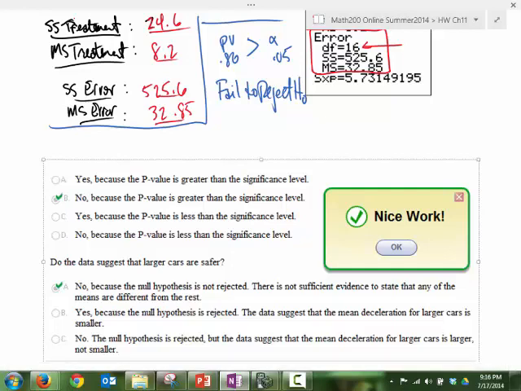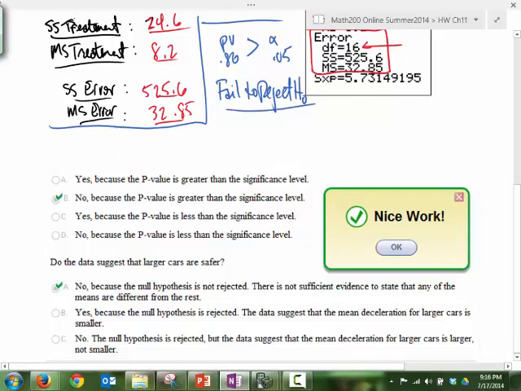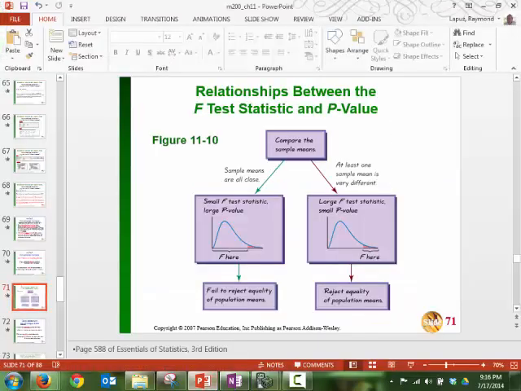The SS stands for sum of squares, and then the MS stands for mean of squares. I'll be asking for SS total and the MS total. Let's take a look at the PowerPoint and see what they have to say about SS and MS.